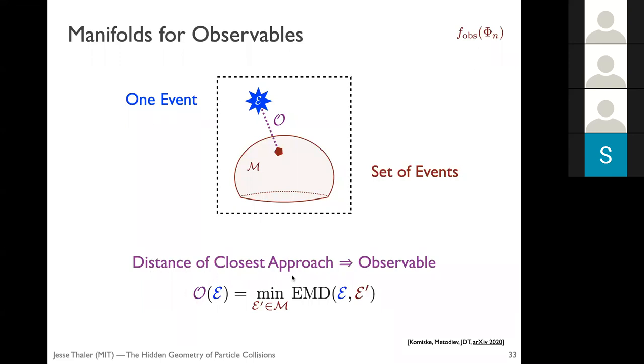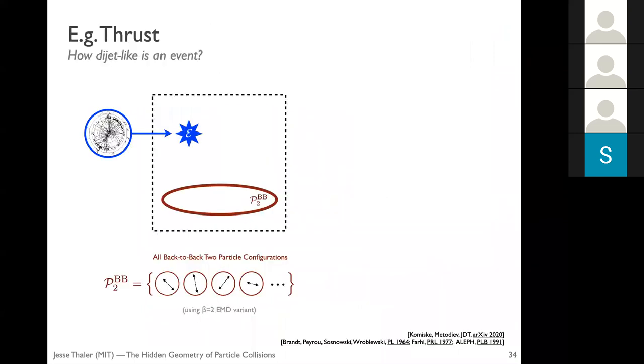You can imagine defining observables as the average distance as well. There are other things you could do. You can imagine a lot of creativity in coming up with these manifolds. But it turns out that observables we already know and love have a translation into this distance of closest approach. One of the first ones we figured out is thrust. Thrust is a statement about how dijet-like an event is.